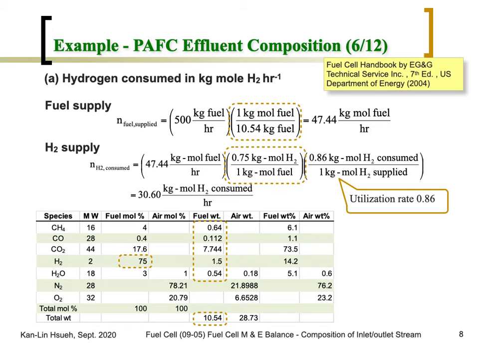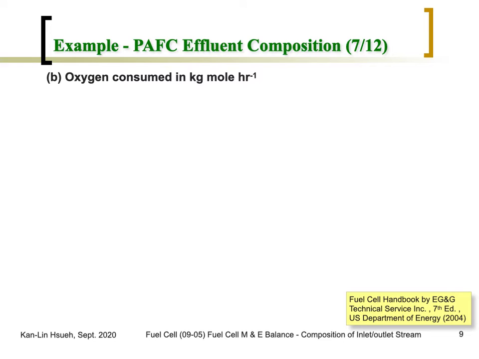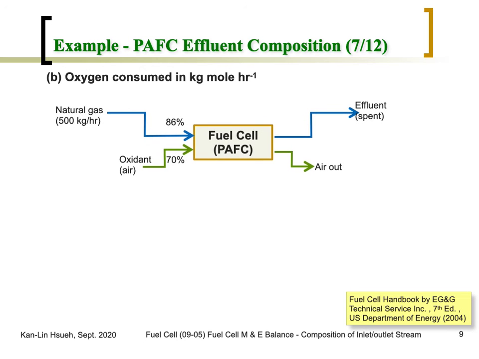Now next, we're going to calculate the oxygen consumption rate. It can be expressed by this flow diagram: each mole of hydrogen consumed requires one half, or 0.5, mole of oxygen.